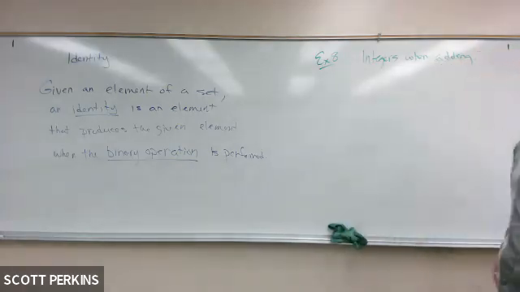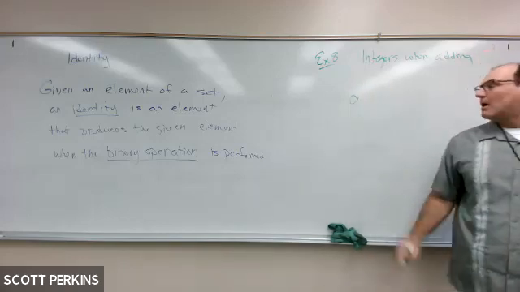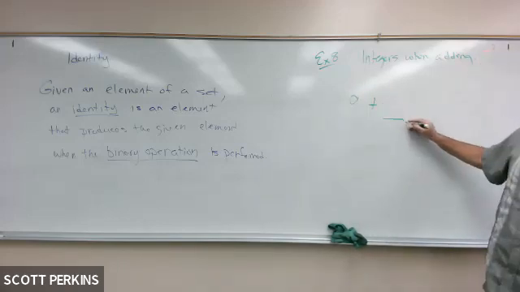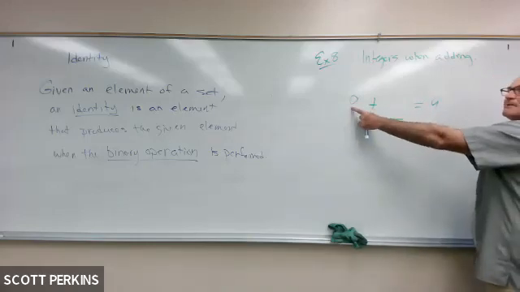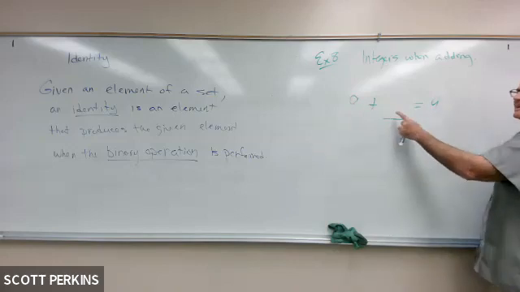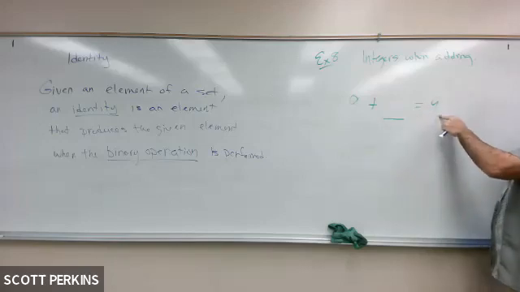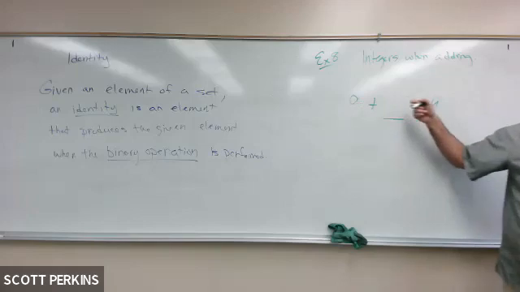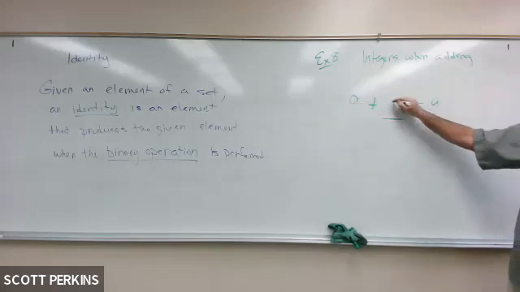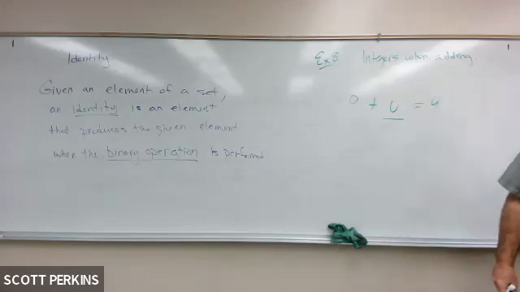So for instance, what that means is if I start off with the number 9, plus what is going to give me 9? So given an element of the set, 9, the identity is the element that I'm pointing at that produces the given element, 9 again. So what do you add to anything to keep it the same thing? 0. There you go. 0 is the identity for addition.